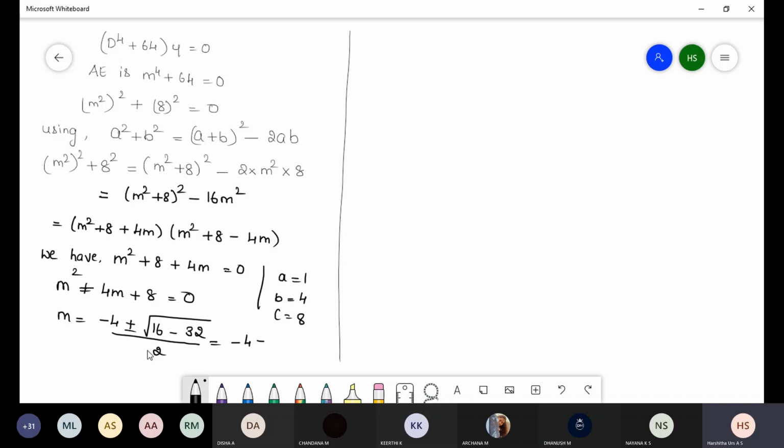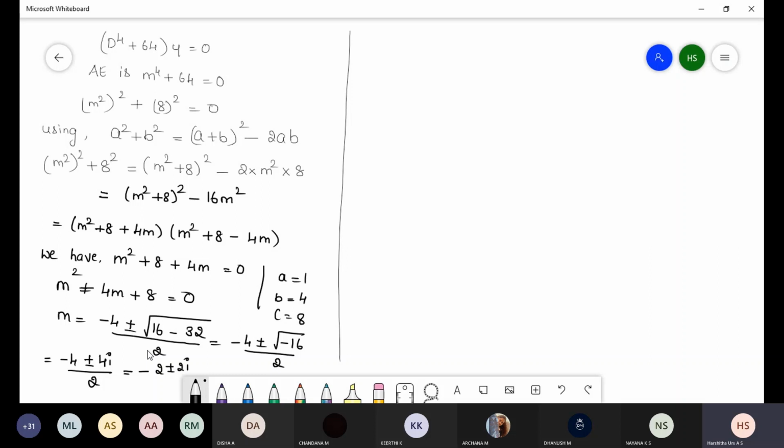So (−4 ± √−16)/2. So −4 ± root of −16 means 4i, divided by 2. So take out 2 as a common in the numerator. So 2 will get cancelled. Remaining will be −2 ± 2i. This is the one root.